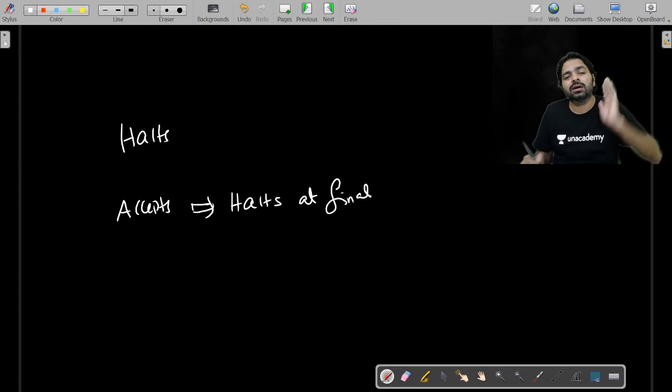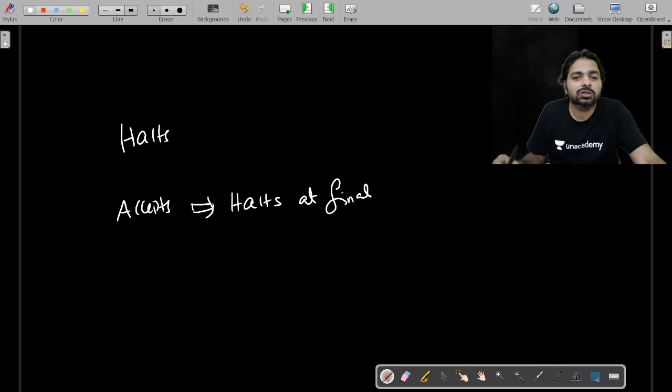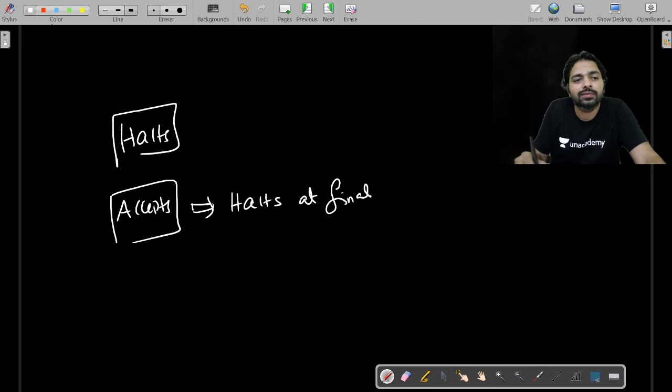Halts means it may halt at a final or non-final state, but it halts. In finite automata, everybody halts. That's the reason you can say every finite automata is a halting machine. So look at the words, how they play. Halts and accepts are both different.